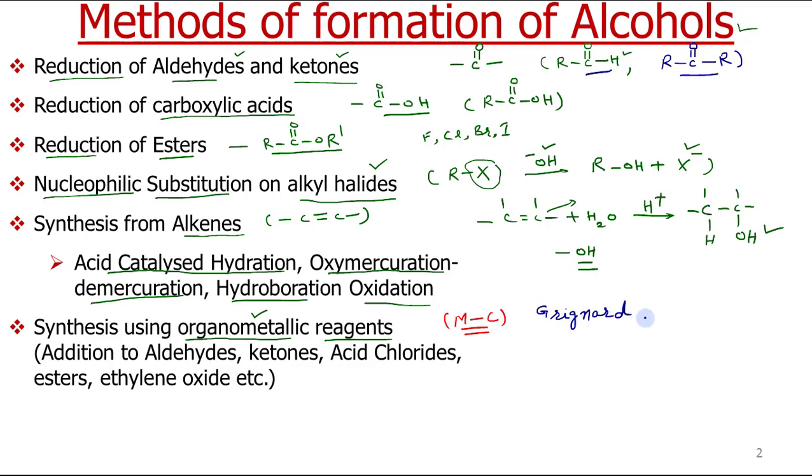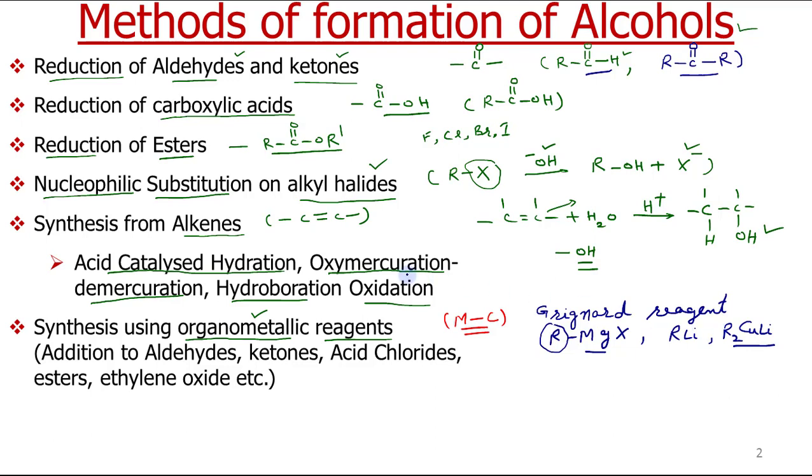Grignard reagent is an organometallic compound represented by RMgX. Here the R group contains carbon, so there is a carbon metal bond. Metal is magnesium. There are other organometallic reagents like alkyl lithiums, dialkyl lithium, dialkyl cuprates. These all can be used to synthesize alcohols.